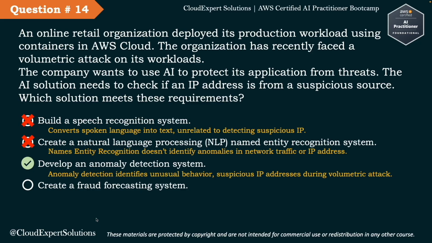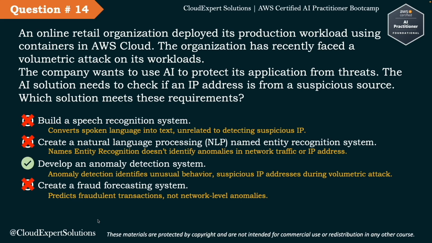Let's park it and review the last option. Create a fraud forecasting system. A fraud forecasting system will predict fraudulent transactions typically in a financial context, but it has nothing to do with IP address or suspicious IP address detection. That is why option number 4 is also not the correct option.